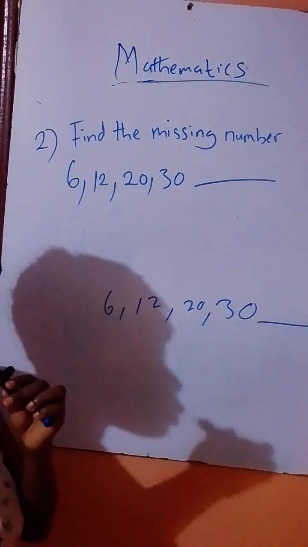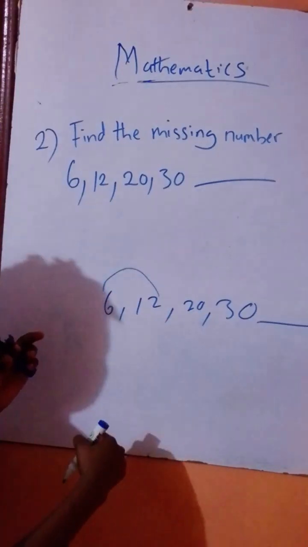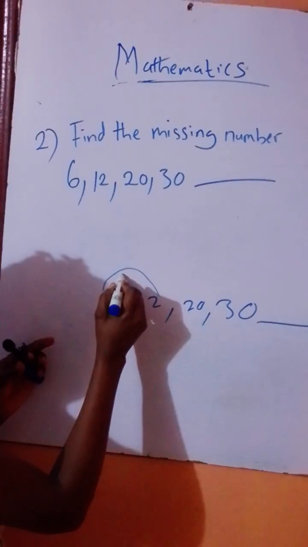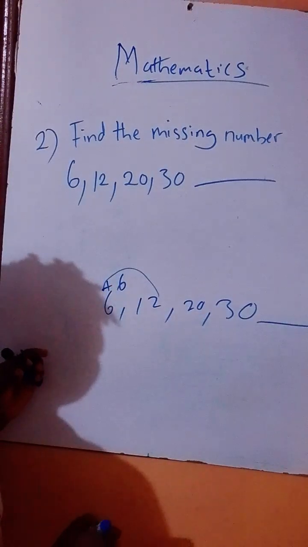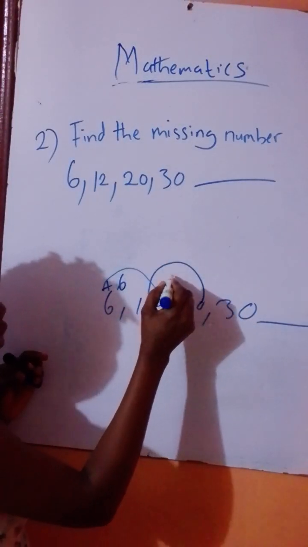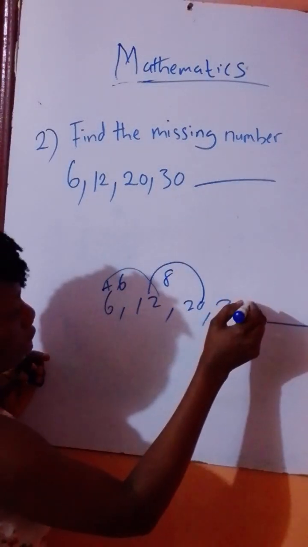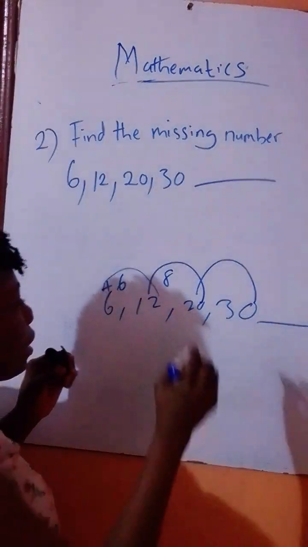Then the next thing we are going to do is 12 minus 6. This 12 minus 6 is going to give us 6. This is plus 6. 20 minus 12 is going to give us 8. 30 minus 20 is going to give us 10.